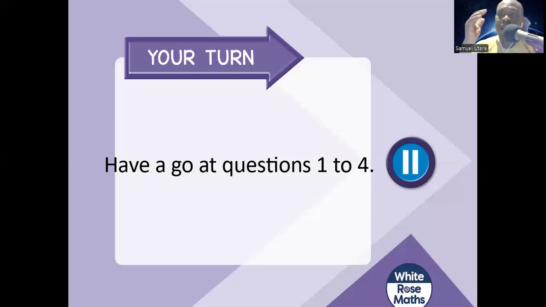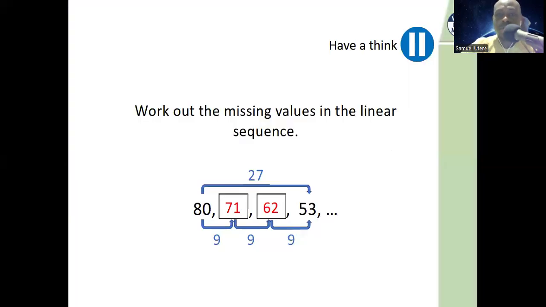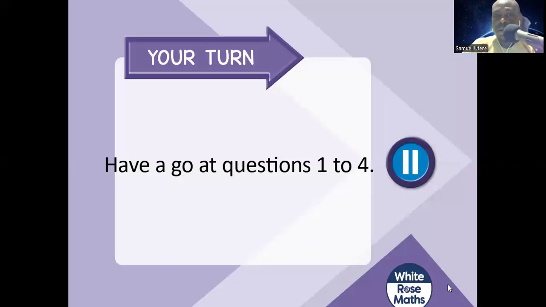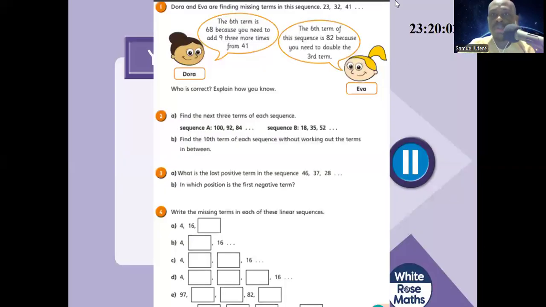Then you can divide that number by the number of lots of the constant difference, and that gives you your constant difference. Then you can add from the first term to get the other terms of the sequence. I'll let you have a go at questions 1 to 4. This should take you 6 minutes.